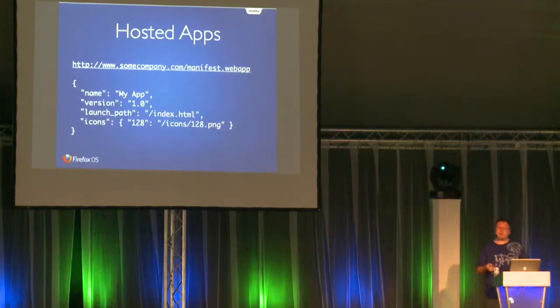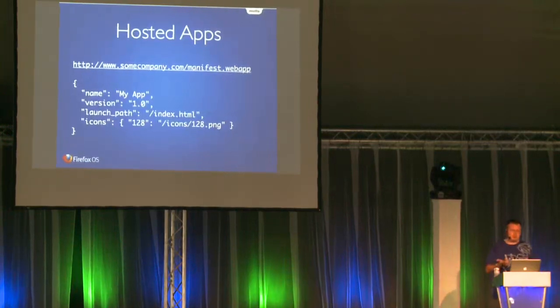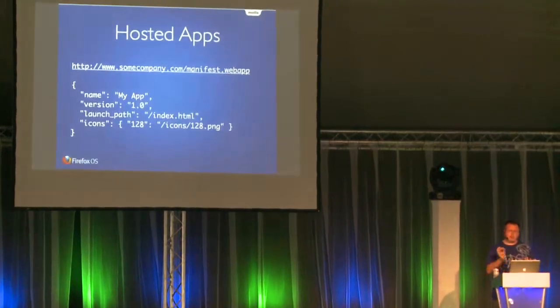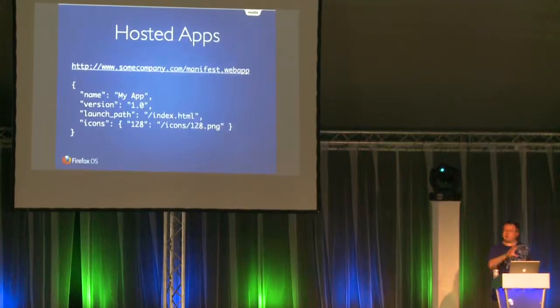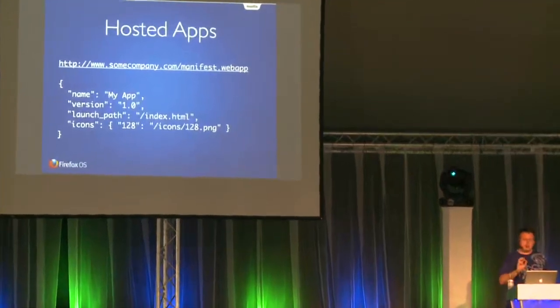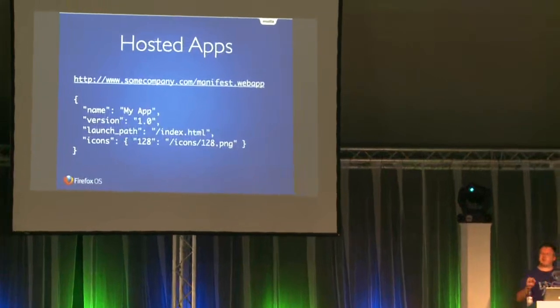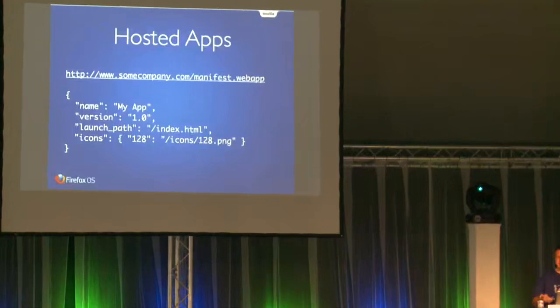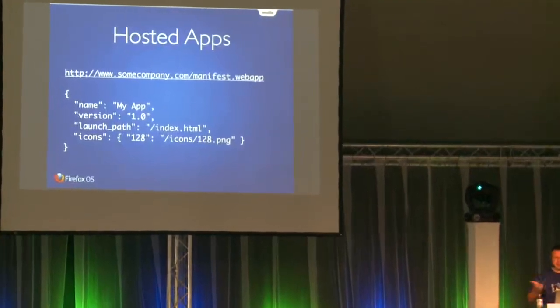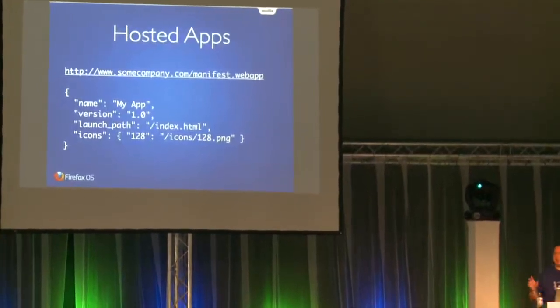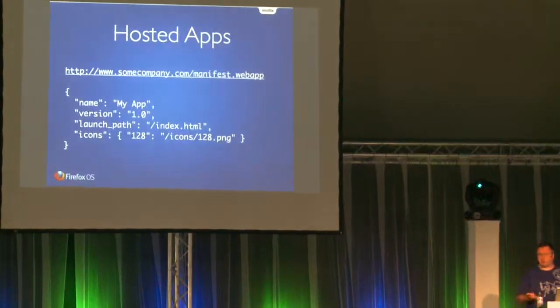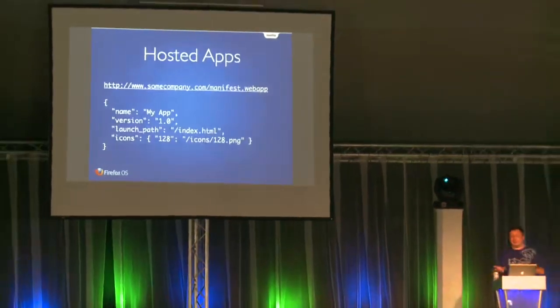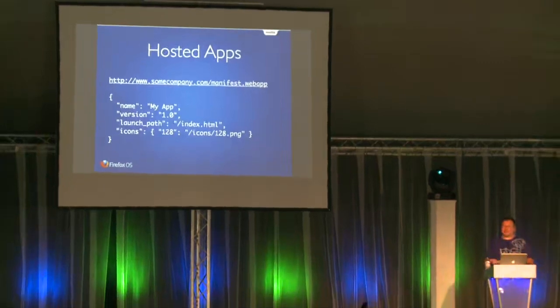It's a little JSON file, and what you put in there is the name of the application that you want to see on the home screen, a version, and a link to an icon that we need to display, and the path to the initial page that we need to display when you tap the icon. So when you do this, you already have something that people can install on the device. Again, it's not really installing, it's more like a glorified bookmark. But you can give it a real name and an icon.